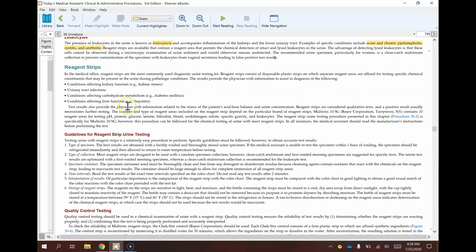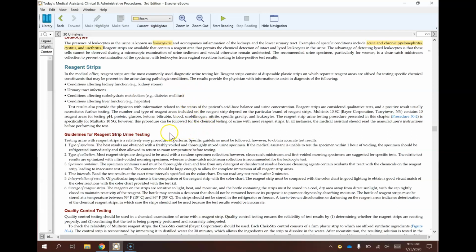So talking again about those dipsticks, very, very common in the office. They have quite a number of them locked in their labs because they use them so often.